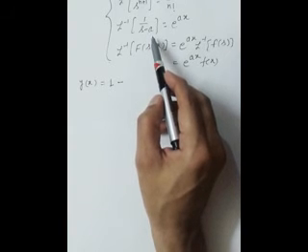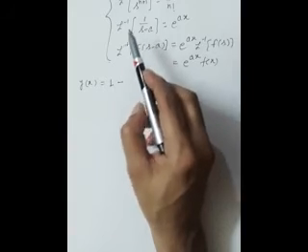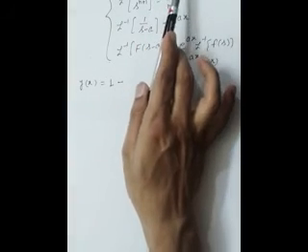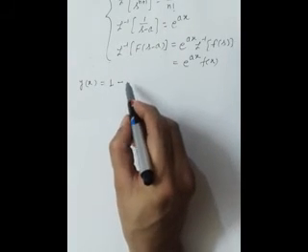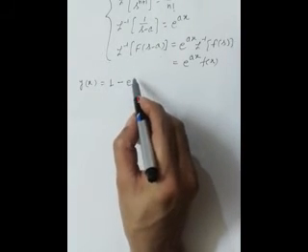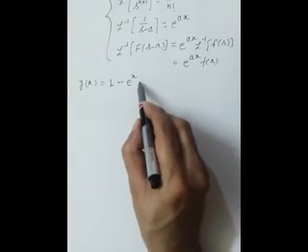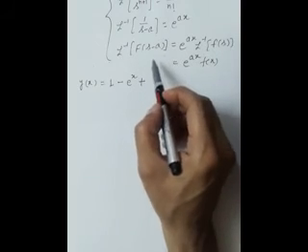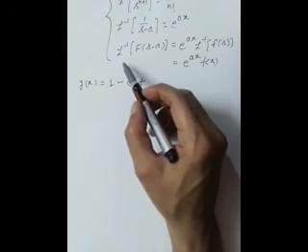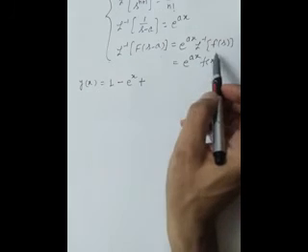Here we take a equal to 1, then we have the inverse Laplace transform of 1 upon s minus 1, which is equal to exponential of x, plus, here the inverse Laplace transform of Fs minus a equal to this.